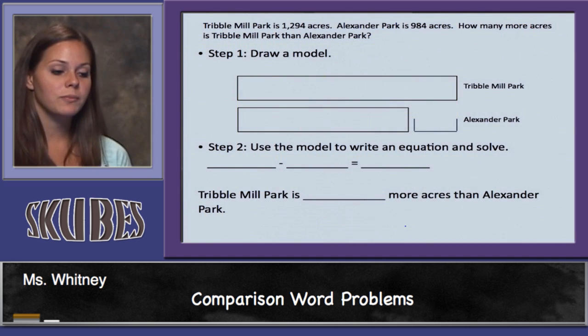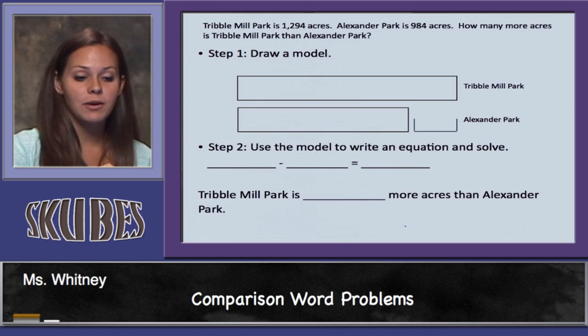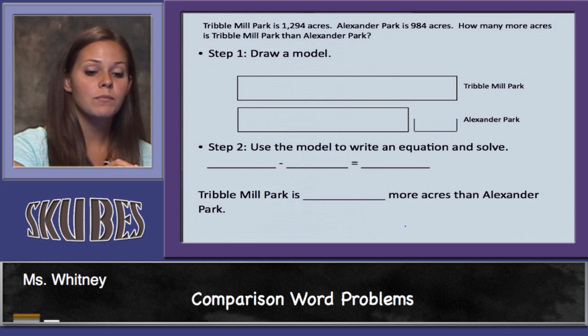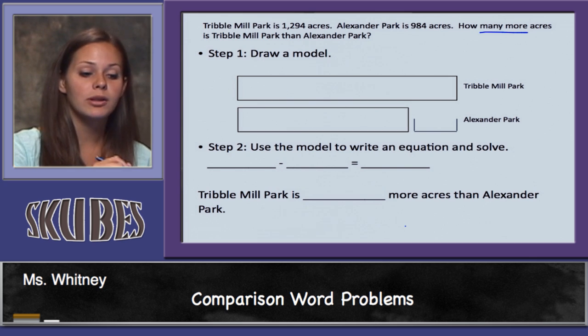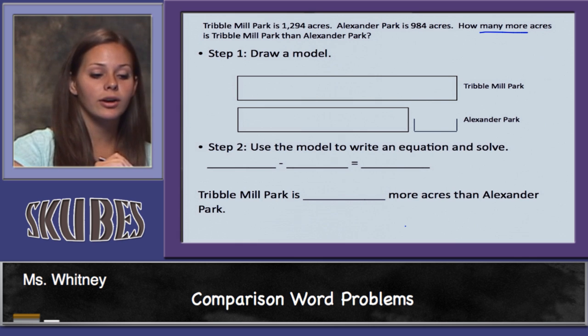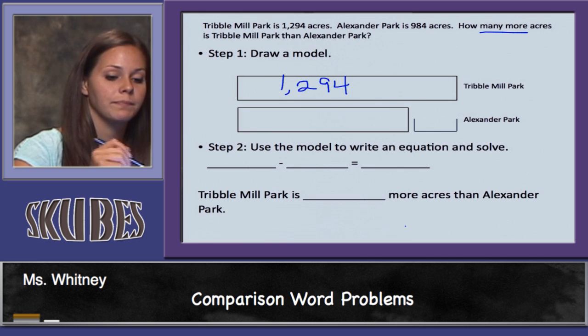Here's another example. Tribble Mill Park is 1,294 acres. Alexandra Park is 984 acres. How many more acres is Tribble Mill Park than Alexandra Park? So first record Tribble Mill's acres of 1,294.